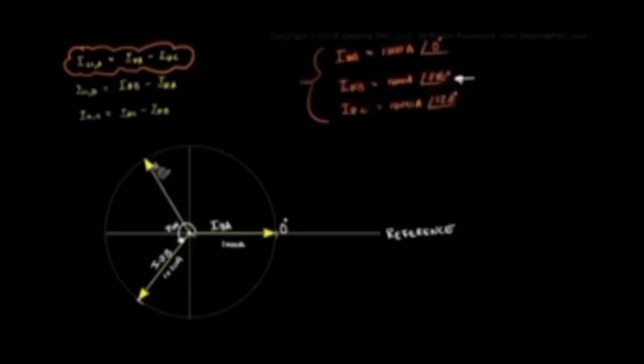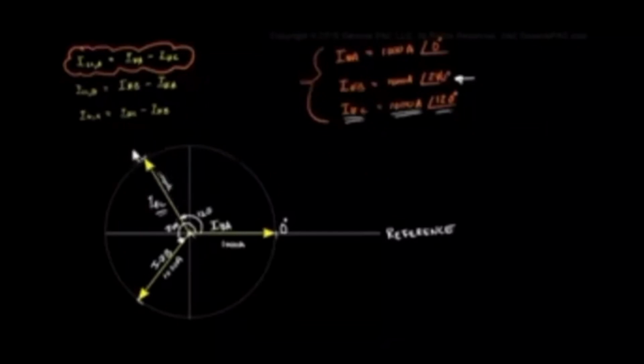We are defining the phase B current at the angle of 240 degrees. And lastly this phasor, phase C current, from the origin to the tip is 1000 amps, and the angle from the reference line going counterclockwise is 120 degrees.